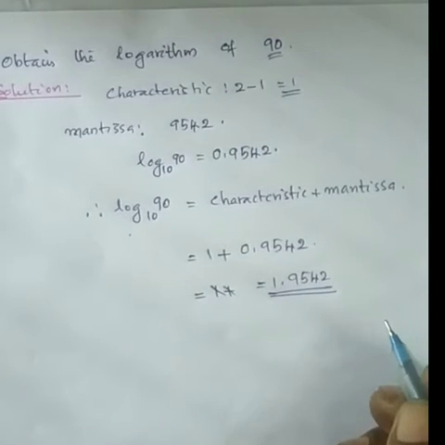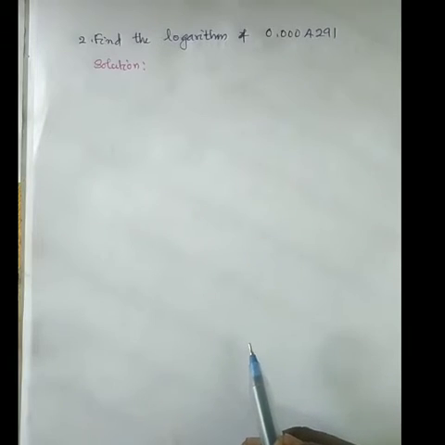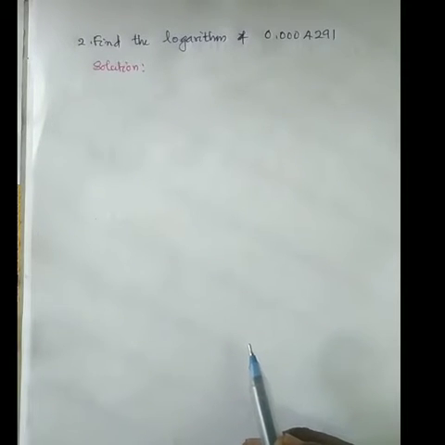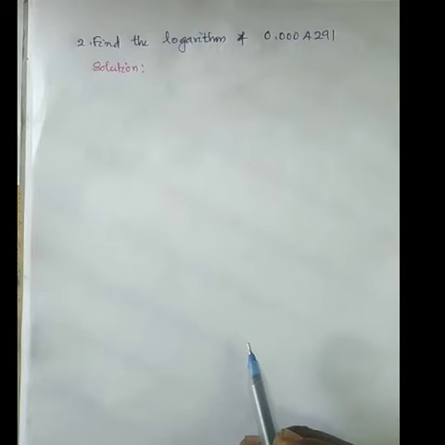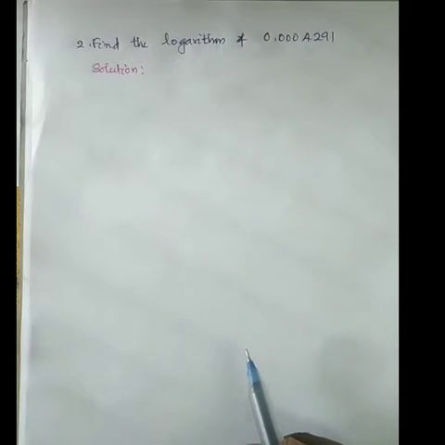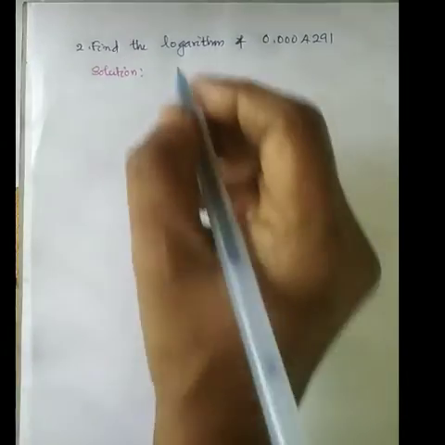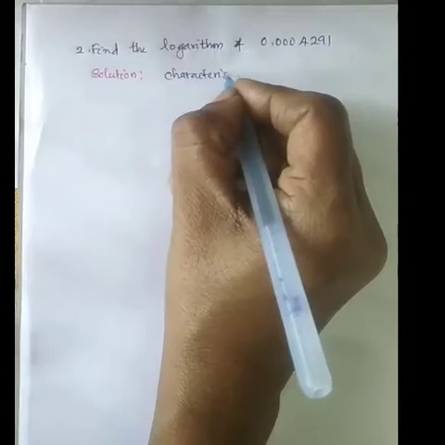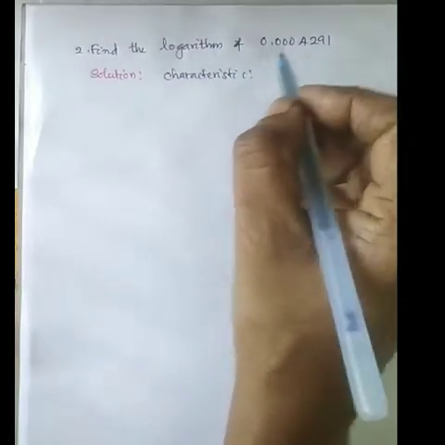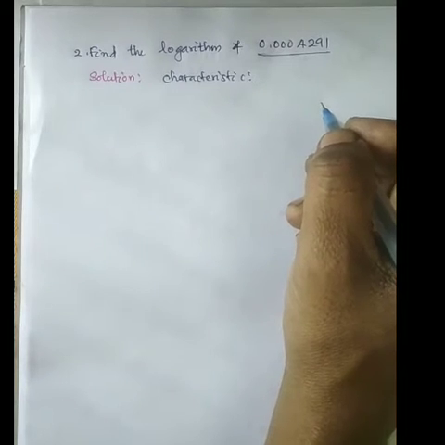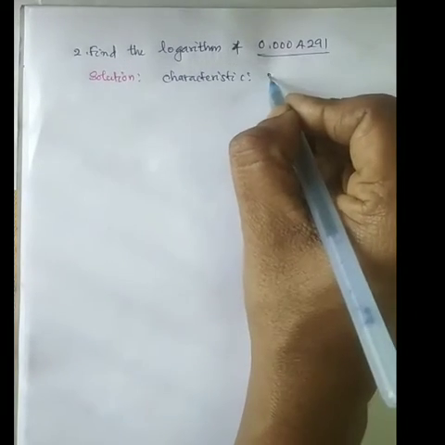Okay. Next one, find the logarithm of 0.000429. Solution. For finding the logarithm, there are 2 parts, characteristic and mantissa. First find the characteristic. See, this number is less than 1 and the number of zeros after the decimal point is 3.